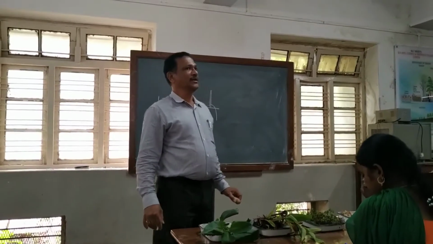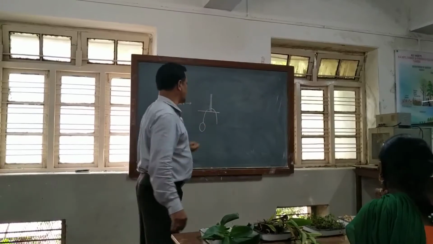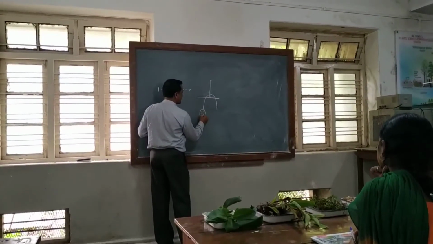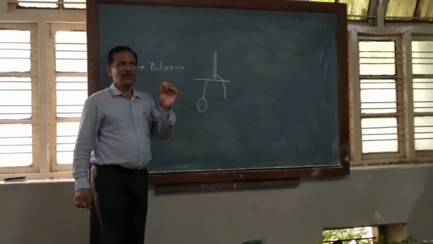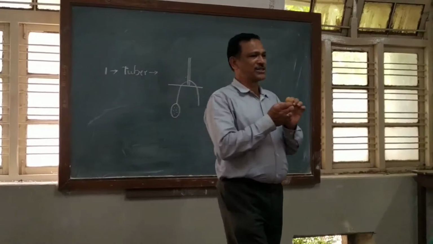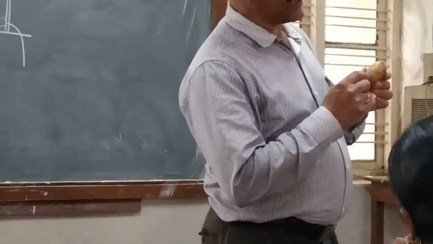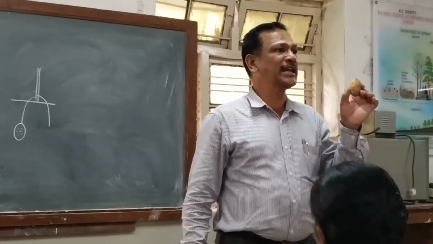Is it clear? This tube-like structure is referred to as a stem tuber because if you observe a potato tuber carefully, you can find some spots. These spots are referred to as eye spots, and these eye spots are usually the nodal regions.